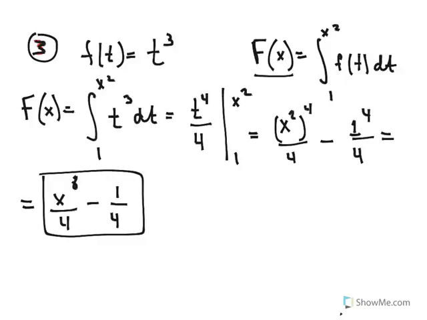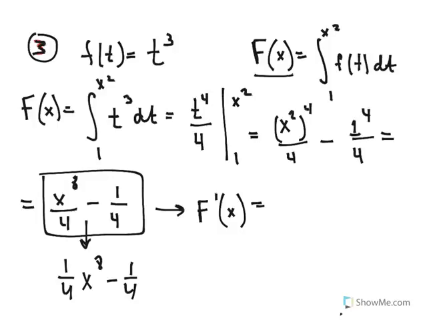Okay, now let's find the derivative of that. You can rewrite this as 1/4 x to the 8th minus 1/4. So when you take that 8 and bring it down, you multiply 1/4 by 8 and you get 2x to the 7th, and negative 1/4 prime is nothing.